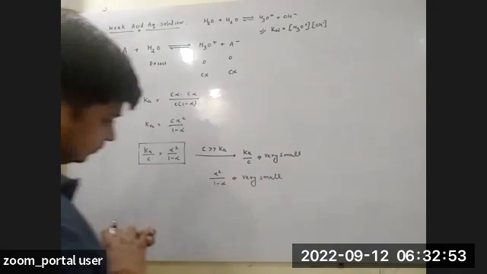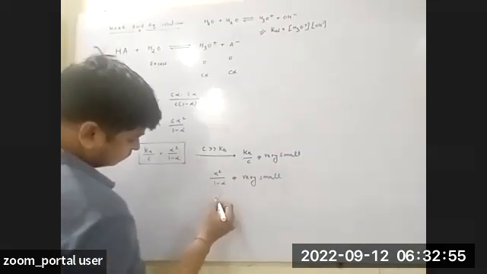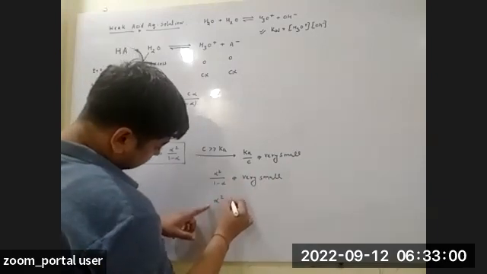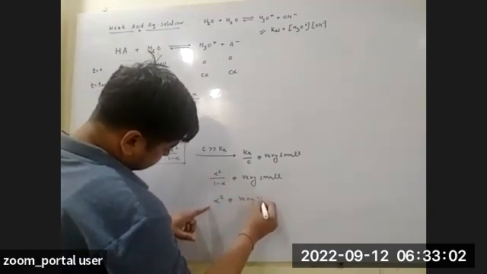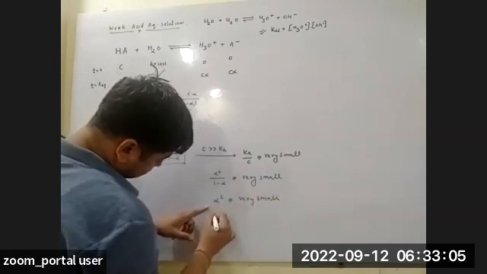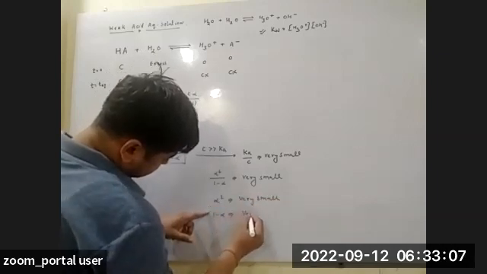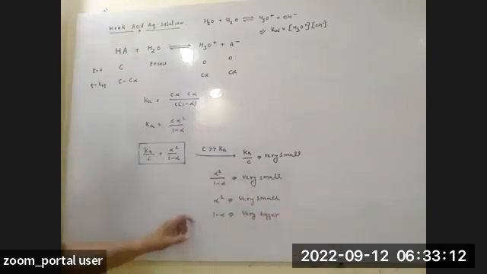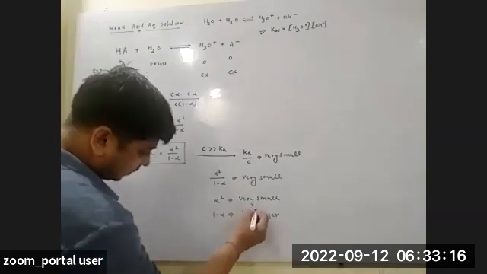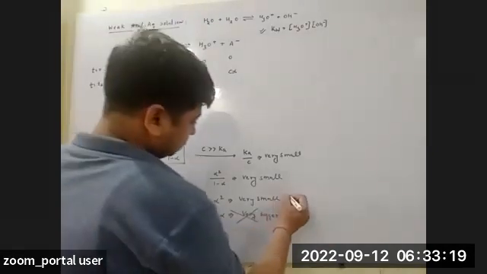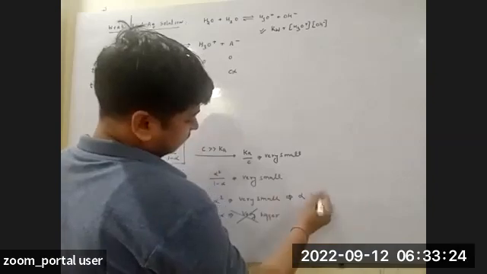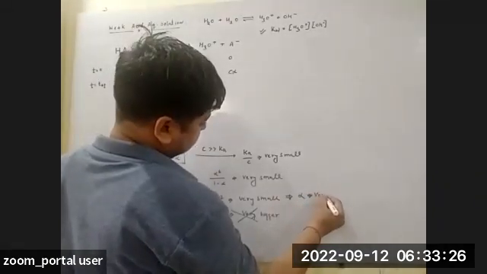Now alpha square should be very small, or 1 minus alpha is very big? Now 1 minus alpha cannot be very big. So there is only one condition, that alpha should be very small.